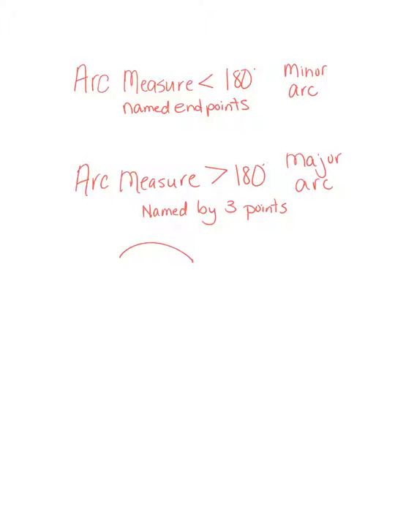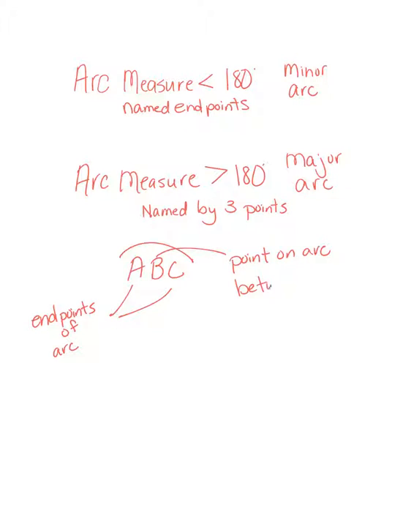Okay, so arc ABC, in which A and B are the end points of the arc, and B is a point on the arc between the end points. Again, I want to pick this up more Monday.